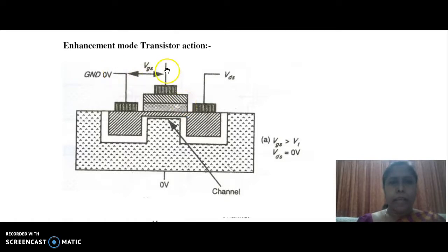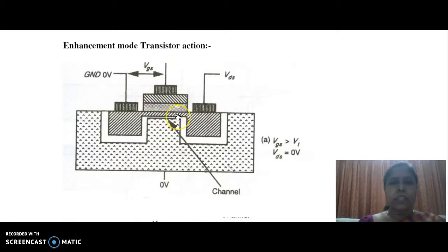So when we apply a positive gate electric field between gate and source, the minority carriers in the substrate are attracted towards the gate terminal and get collected in the surface region, and hence this region will now have more number of electrons and act like n-type material.